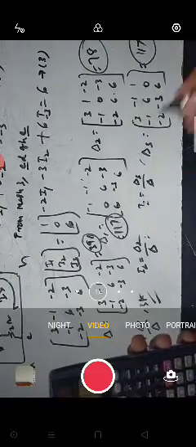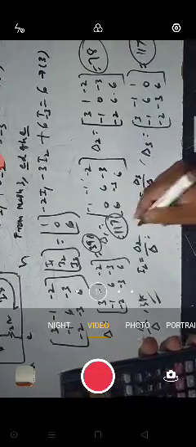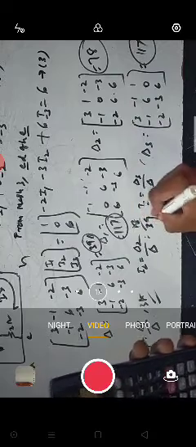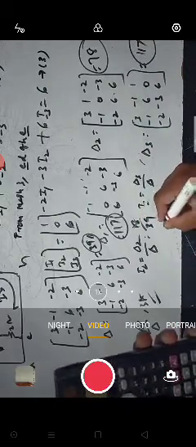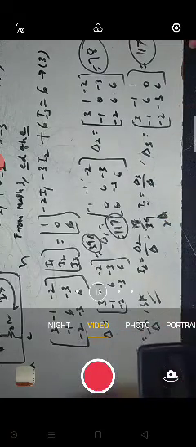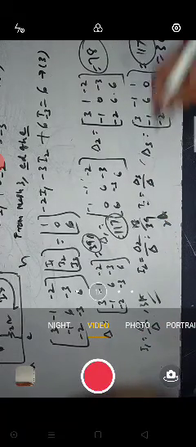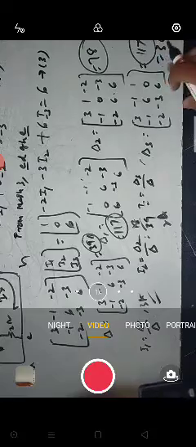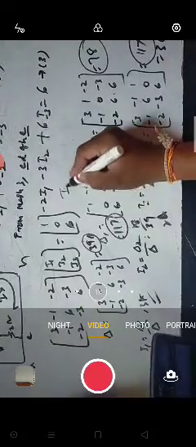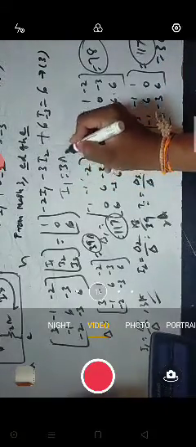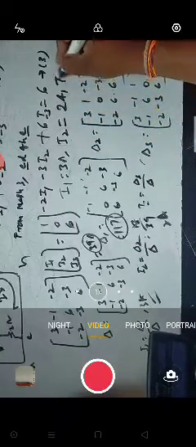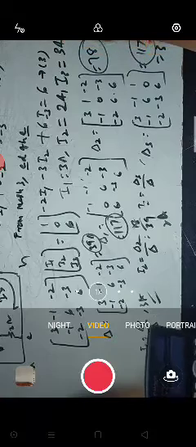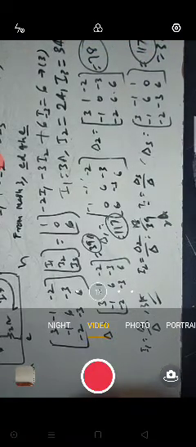Delta 2 is 78 divided by 39, that is 2 ampere, and delta 3 is 3 ampere because that is the same as 117. So I get I1 is equal to 3 ampere, I2 is equal to 2 ampere and I3 is equal to 3 ampere.